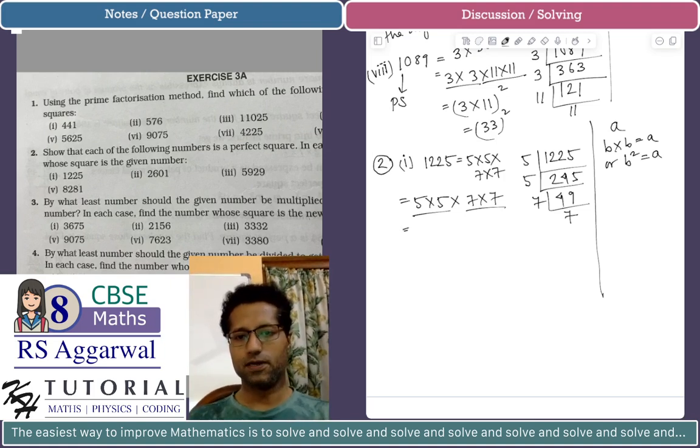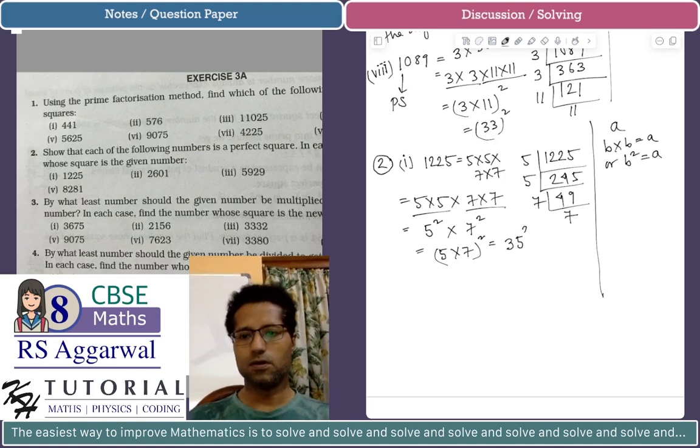So if we rearrange this, 5 into 5 is 5 square, and we have 7 square. Now using the laws of exponents, we can say that this is 5 into 7 whole square, or this is 35 square.